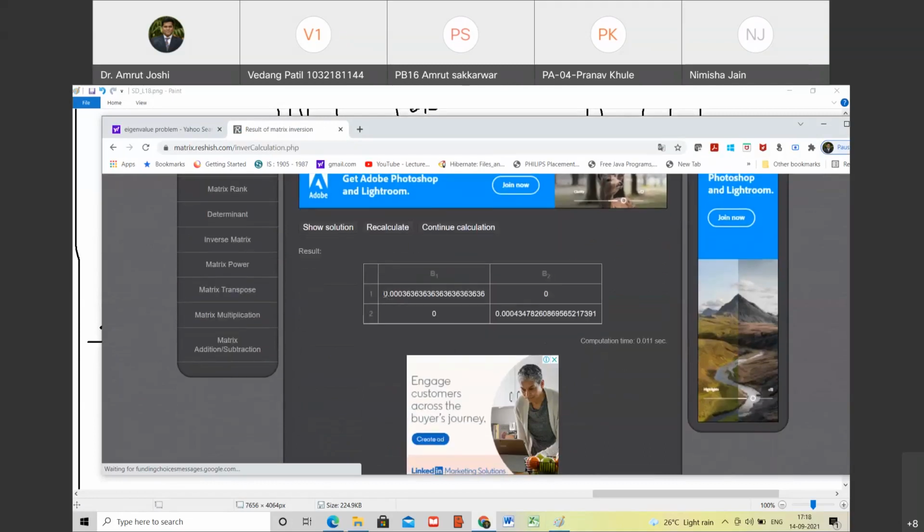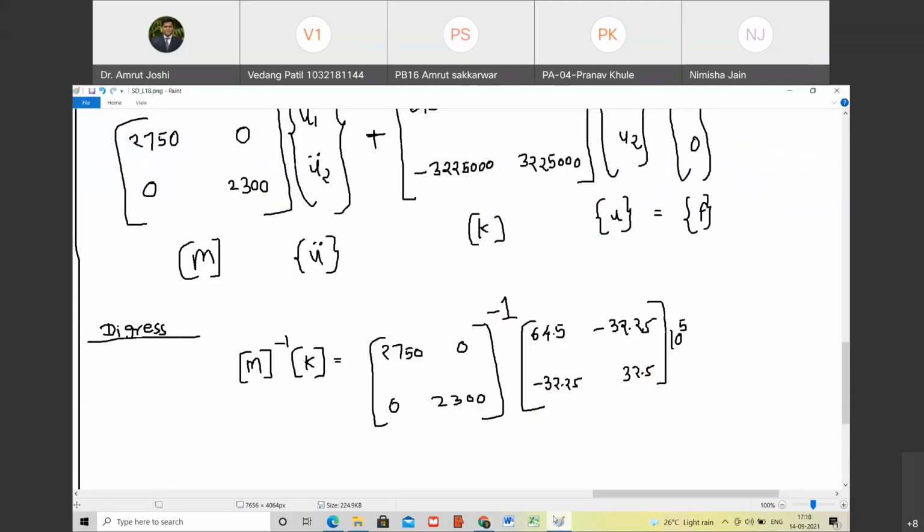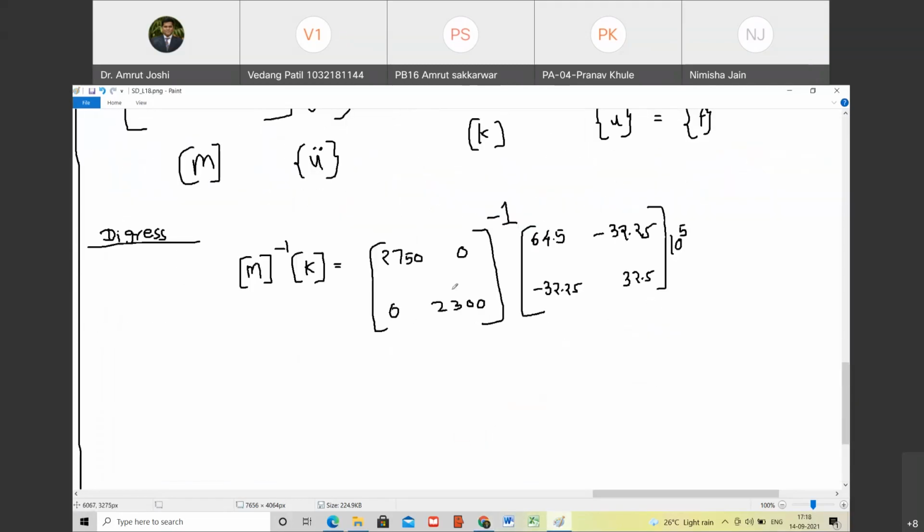Are you with me? Yes. So in fact, what is that inverse? This is easy. You can say the inverse of this matrix is going to be 1 upon 2750, 0, 0, 1 upon 2300. How am I sure that this is going to be the inverse?